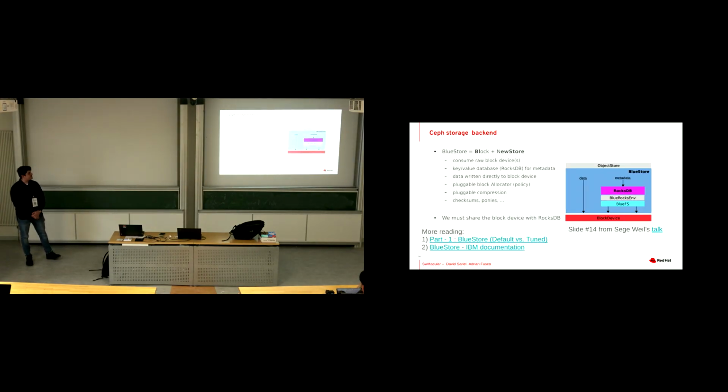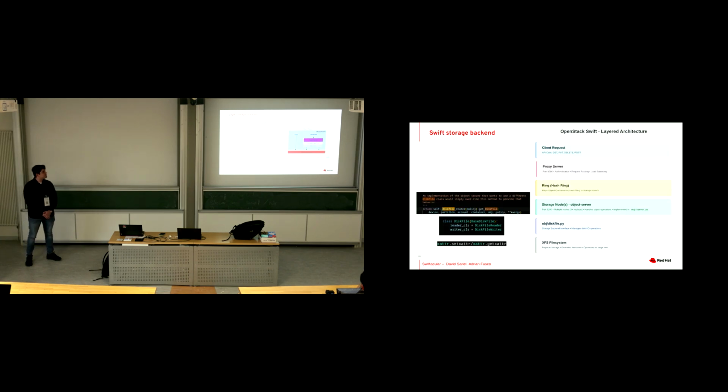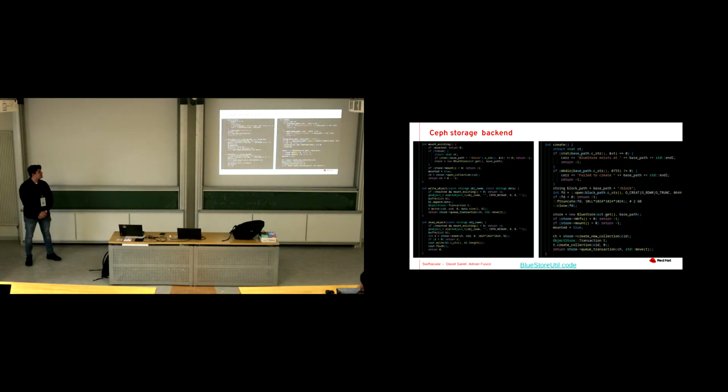Basically, the code is showing how the object store is using the BlueStore API here at the edge. This snippet asks to create a BlueStore, and here we have write object, read object, and mounting the BlueStore. It's very easy to use this utility to write objects to the BlueStore.